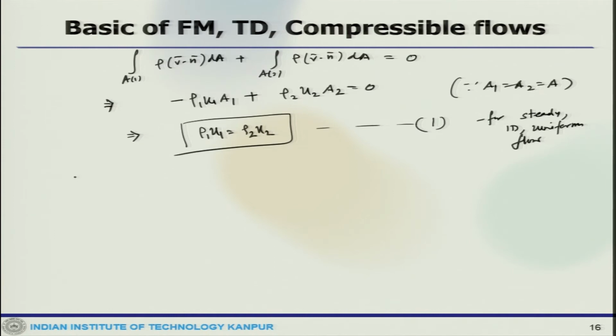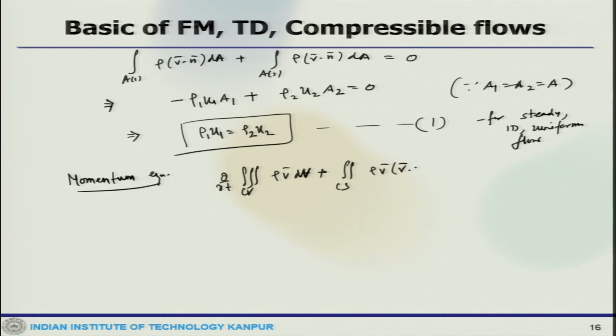Similarly, we derive the momentum equation. First we can write the complete form, which is the control volume integral of rho V dV plus the control surface integral of rho V (V dot n) dA equals the summation of surface forces plus body forces.